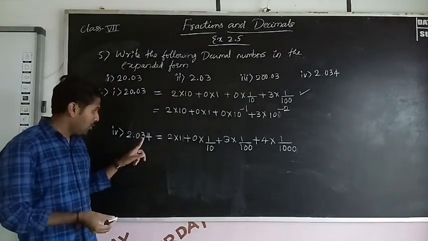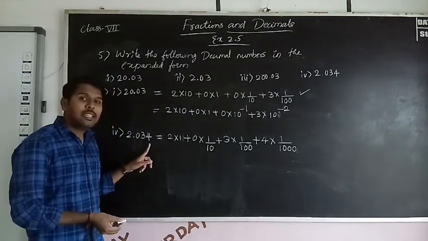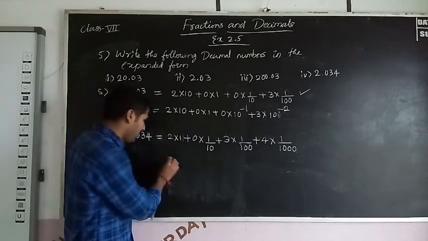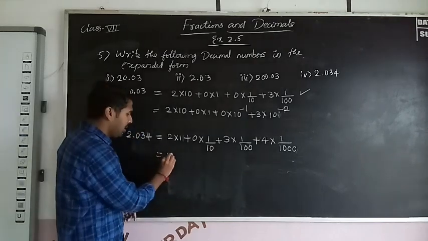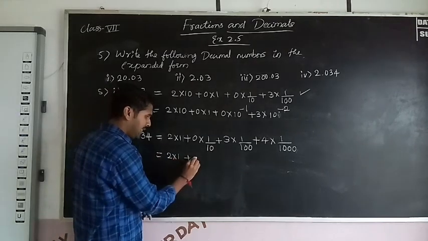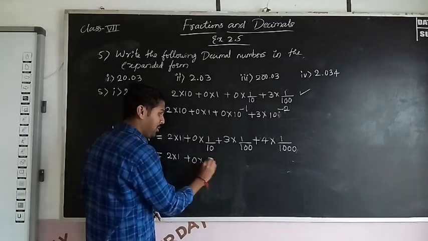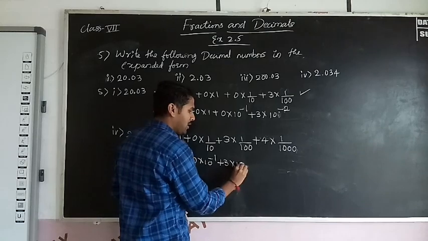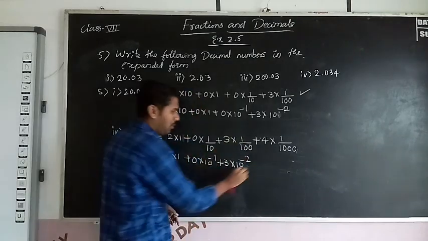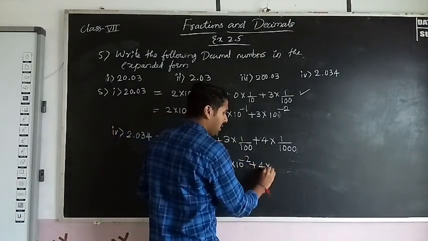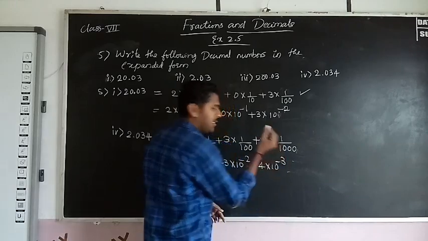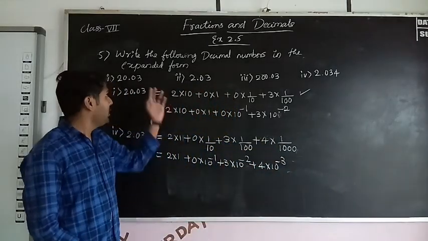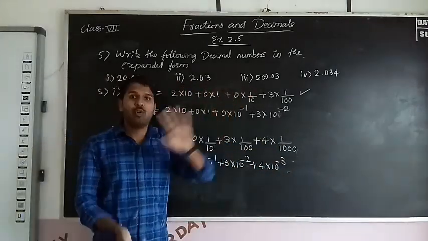Otherwise you can write it as 2 into 1, next 0 into 10 raised to minus 1, next 3 into 10 raised to minus 2 plus 4 into 10 raised to minus 3. Okay, so the second and third ones are your problems.